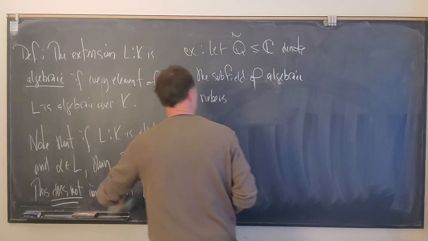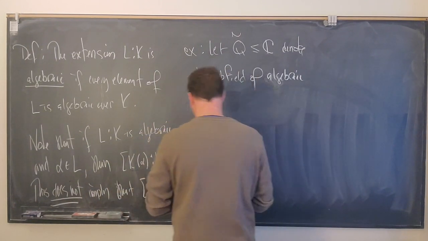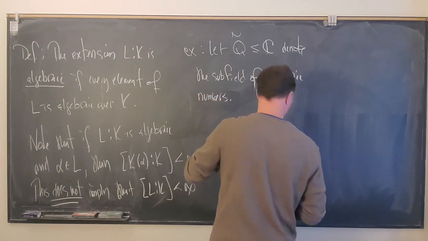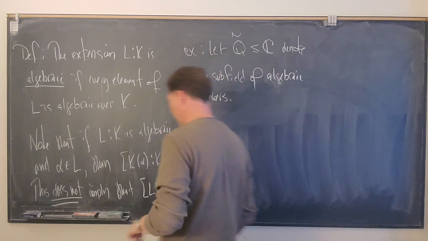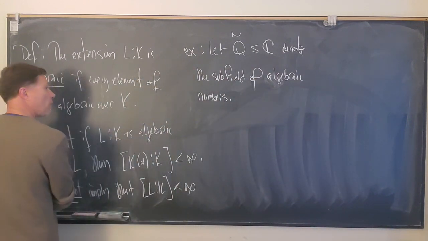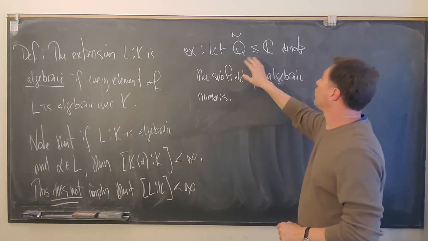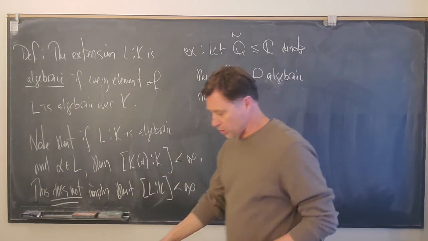Those are the set of all complex numbers that are roots of some polynomial with rational coefficients.